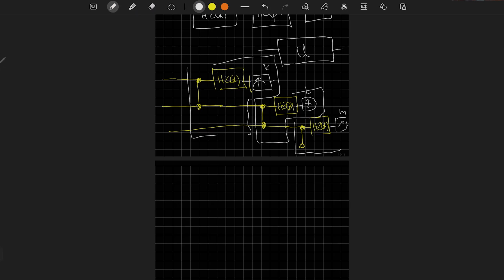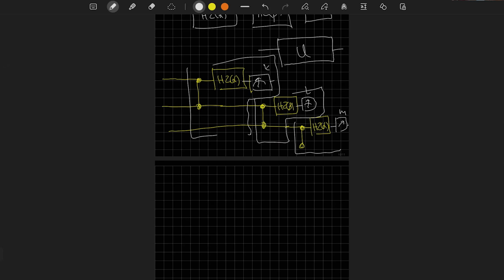Okay, so I can have three successive steps. First, I just measure on the first qubit and get the outcome. Then I use that information for feed forward. I then can measure on the second qubit, then on the third qubit, one after the other. If I have more qubits, I can use each measurement outcome to affect what I do to the other qubits as well. I'm not doing it here, but it can be done.